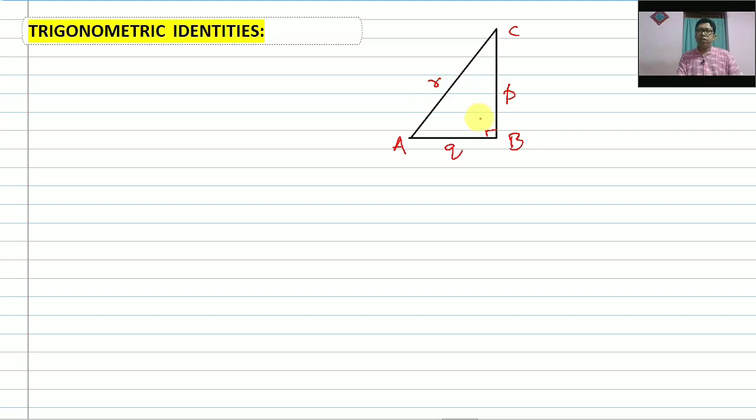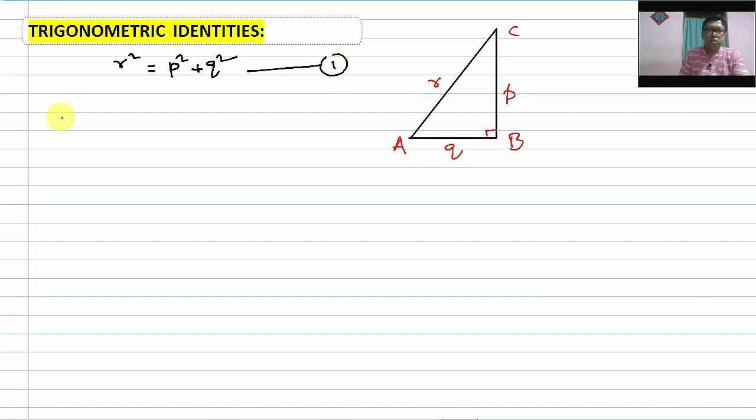It is a right angle triangle, right angled at B. So from this triangle, using Pythagoras theorem, you can write R square is equal to P square plus Q square, mark it 1.